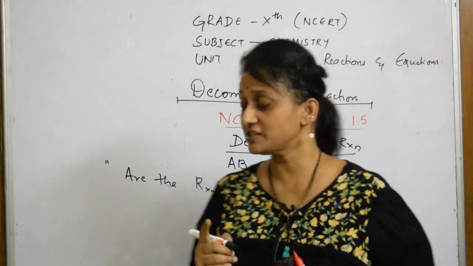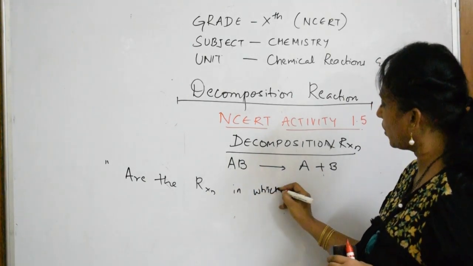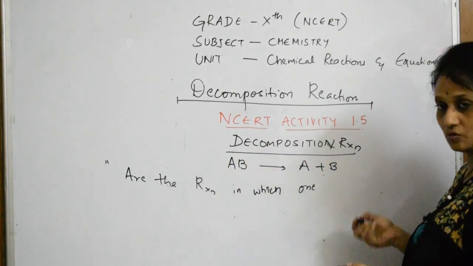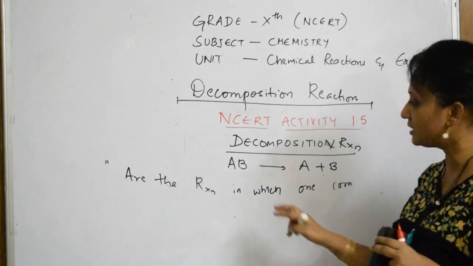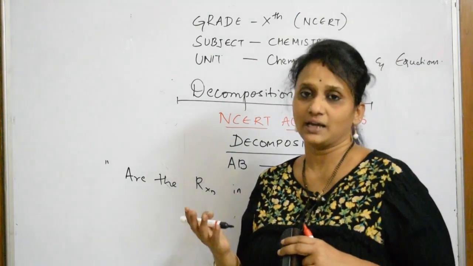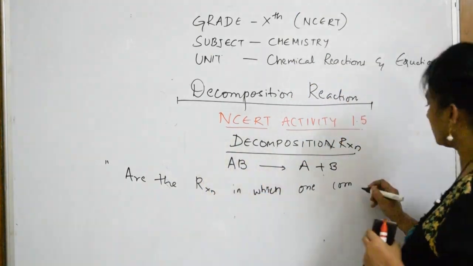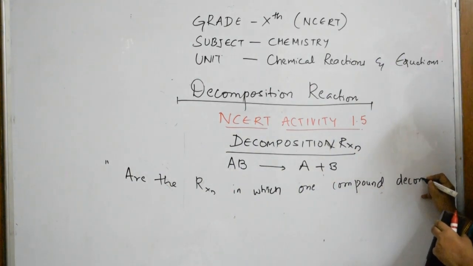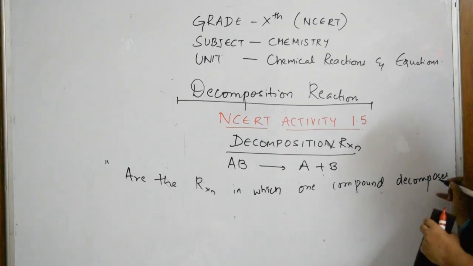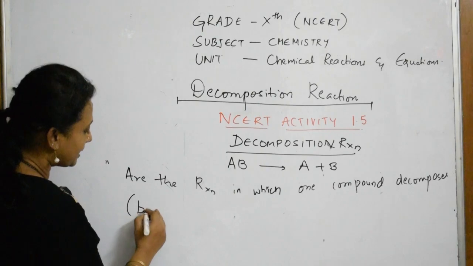in which, what did we say? In which one compound or one substance, let us write one compound, because compound is a combination of two elements together, two atoms together combined to form a compound. So one compound decomposes. After writing decomposes, I am going to write a word in the bracket, a general word, that is breaking.